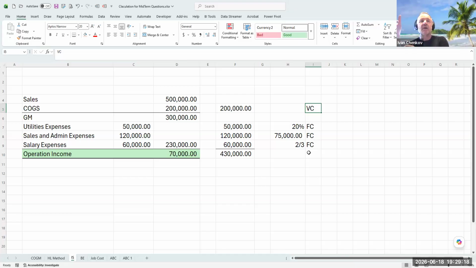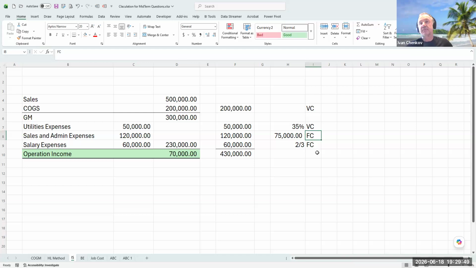And then we start with utility expenses. On utility expenses, the question may say, I don't know what the question is. I'm not going to copy and paste the question now because that kills the beauty of the exam. Utility expenses, it may say 20%, and let's change this one so it can become interesting, 35% of those utility expenses are variable cost.